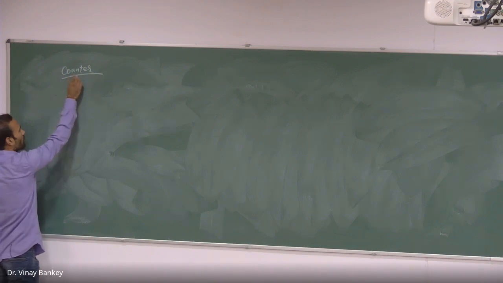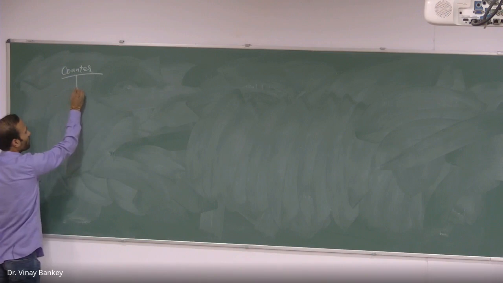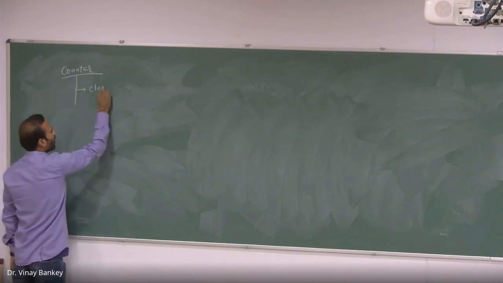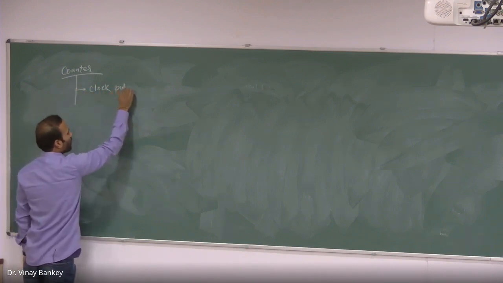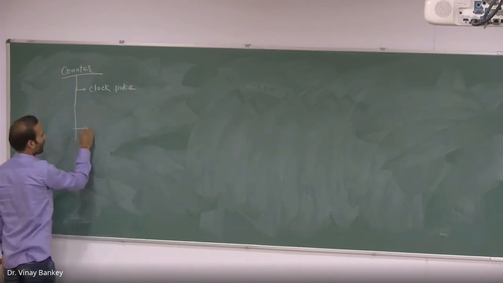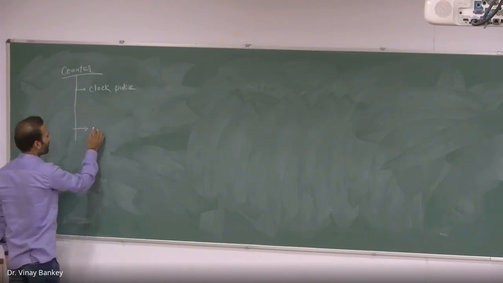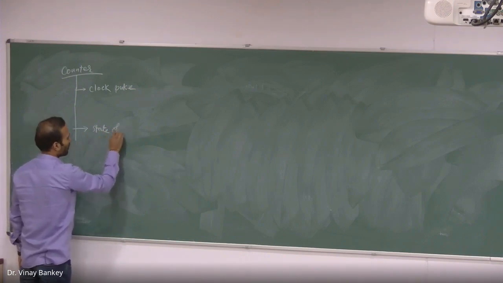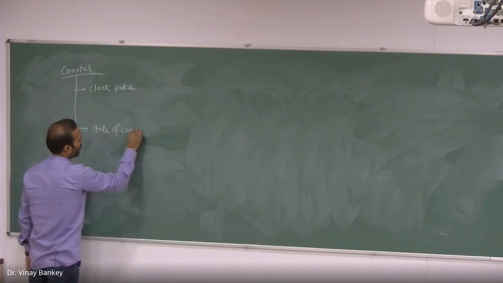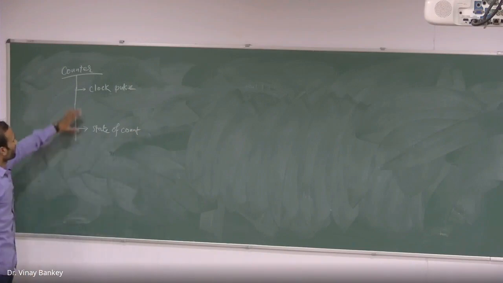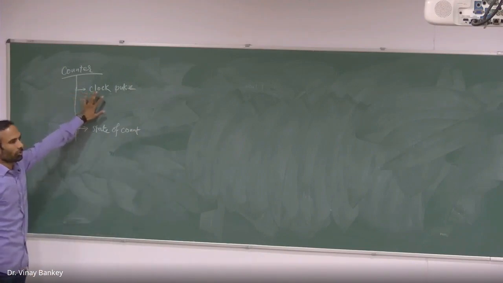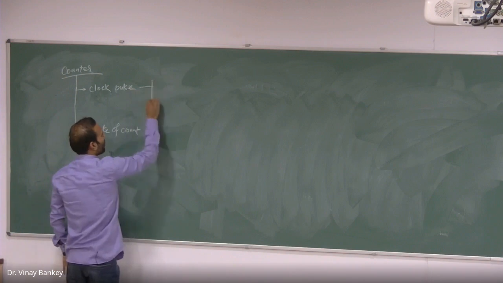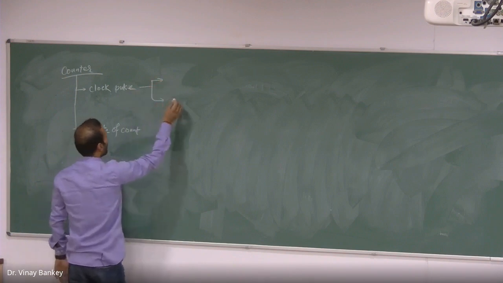There are two types of classification. First is based on the clock pulse. And the second classification will be based on the states of count. So the first classification is based on the clock pulse. There are two types of counters based on the clock pulse.